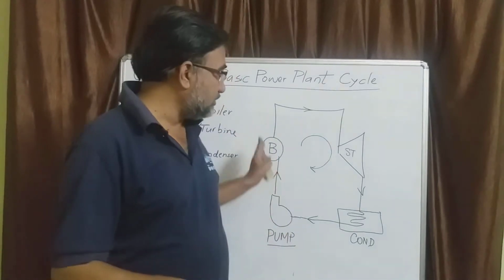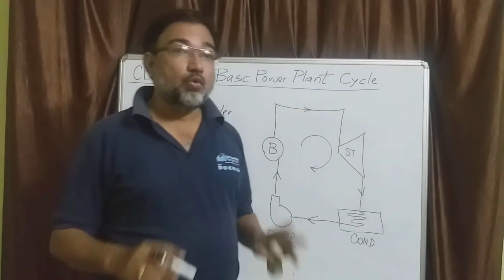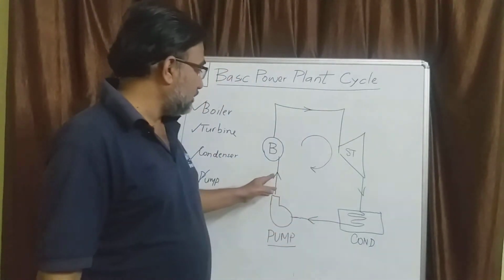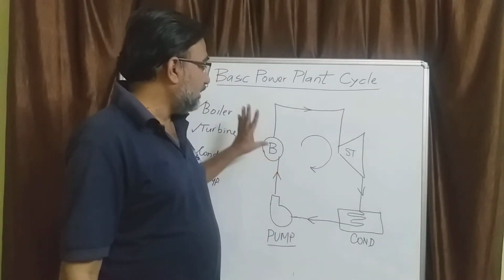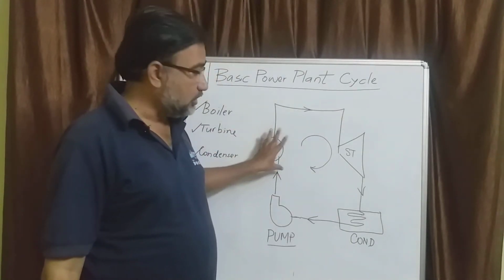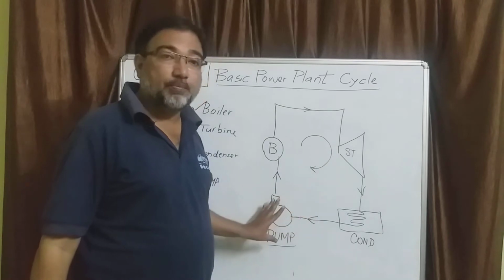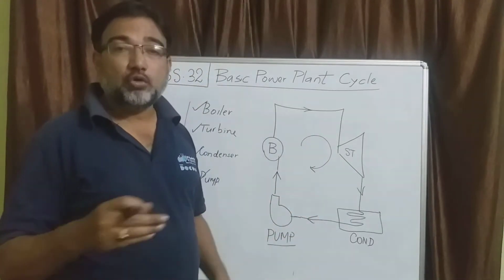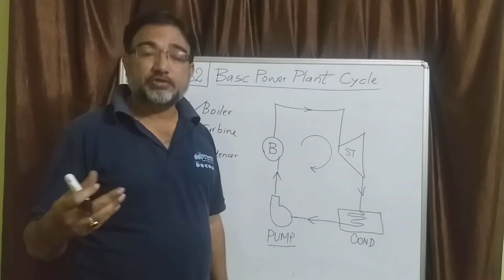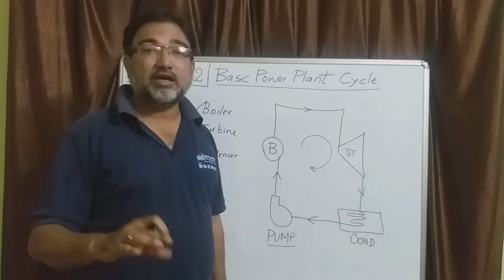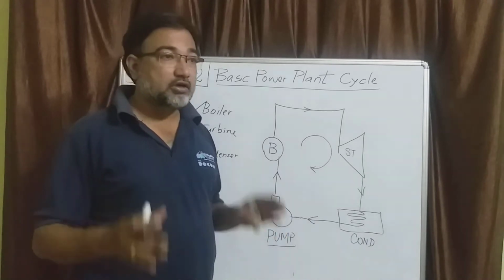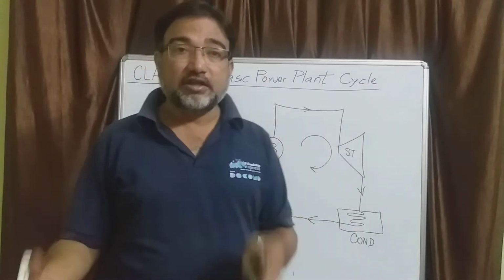Whenever this working substance is flowing past a device, say boiler, turbine, condenser or pump, it is also undergoing a change of state. So some of its properties are changing, as a result of which some effect is obtained.